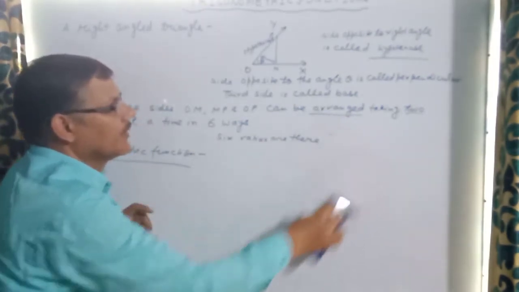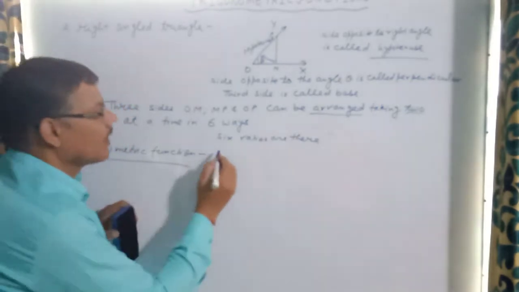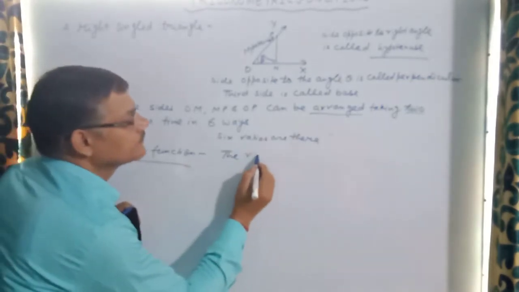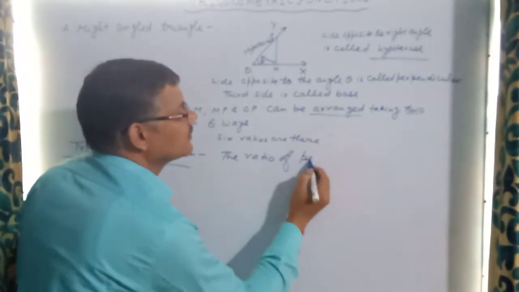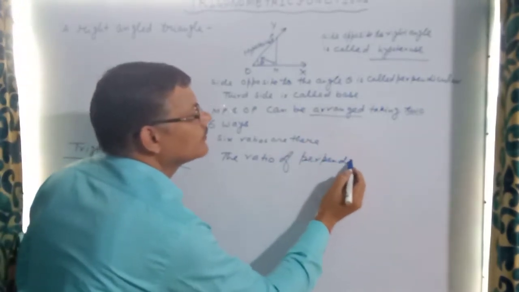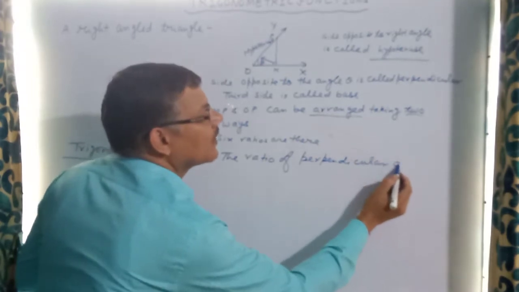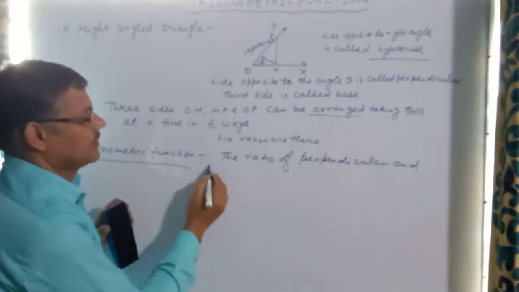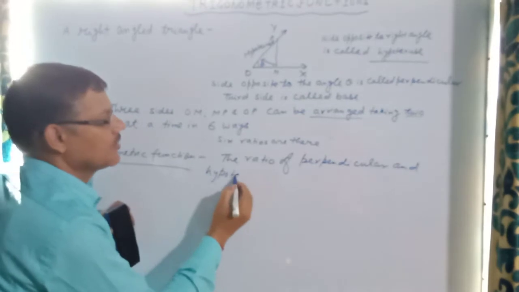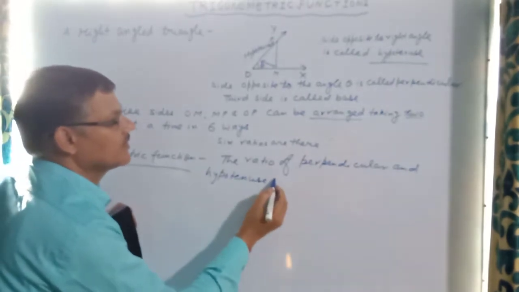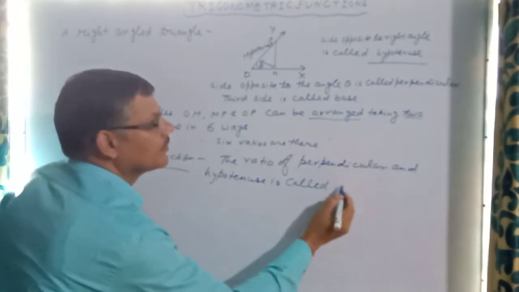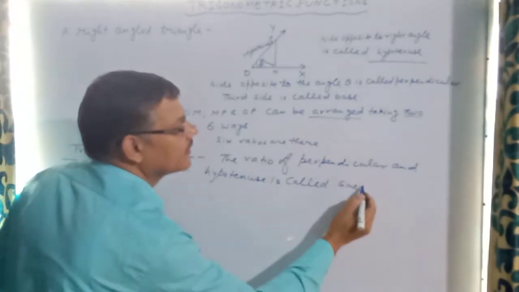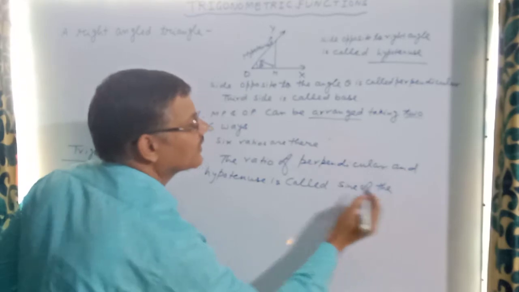Okay? Now I start with the ratio of perpendicular and hypotenuse, which is called the sine of the angle concerned.